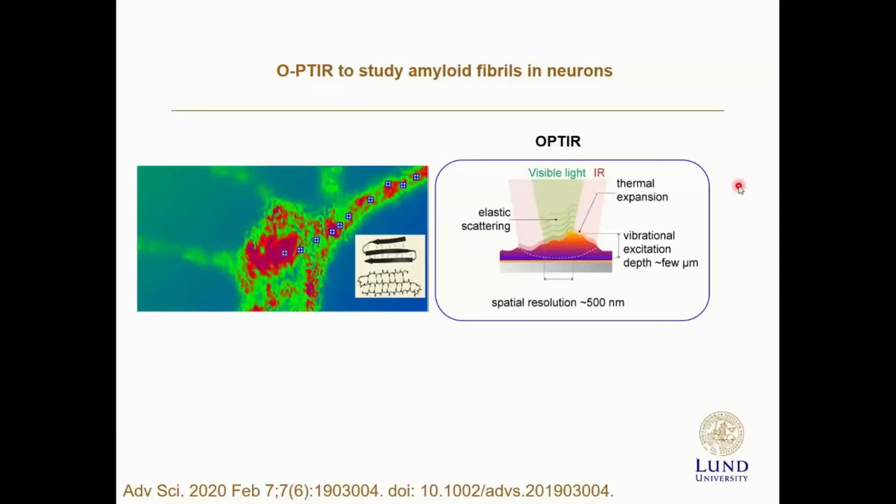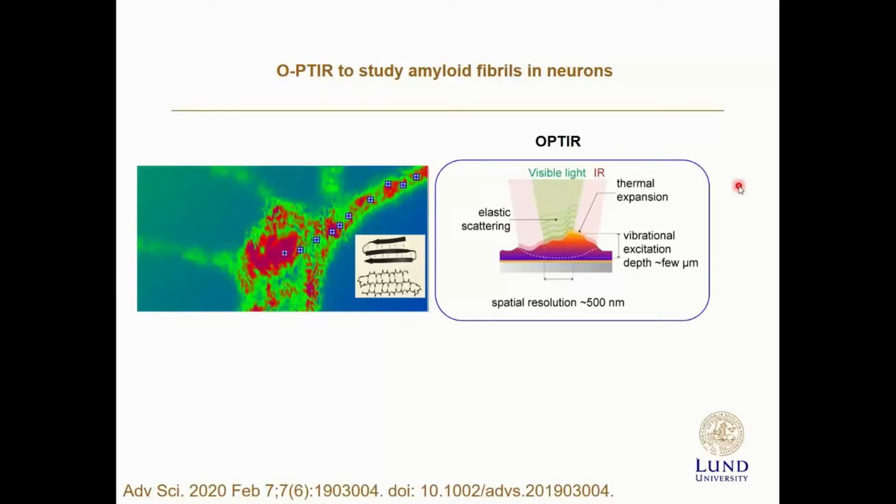For that application, we need spatial resolution that goes beyond a micrometer, and that was possible using optical photothermal infrared spectroscopy. Using this new technique that appeared several years ago, we were able to study amyloid aggregation directly in neurons.